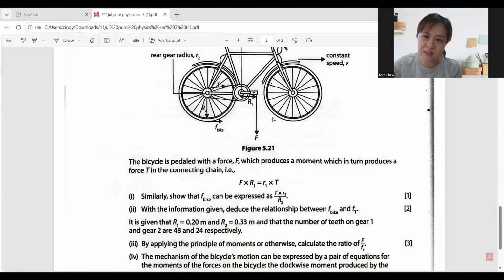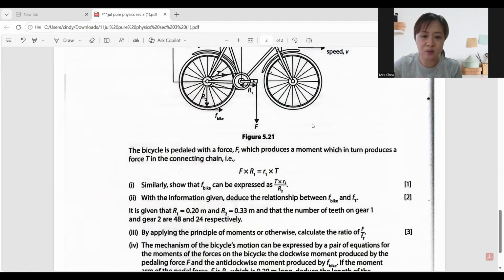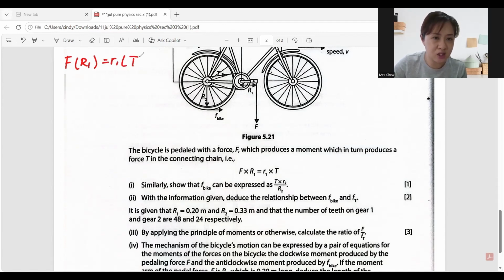So if you think of this and this, it's quite hard to link. So basically, we have to use the formula that they have given us. So let's start with F R1 times R1, which is here, which is equal to R1 times tension.